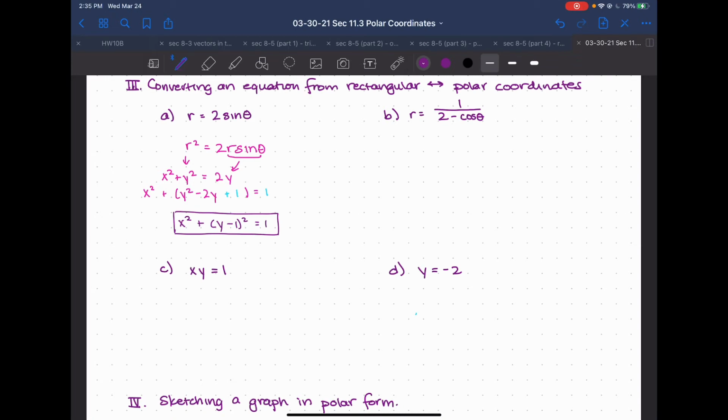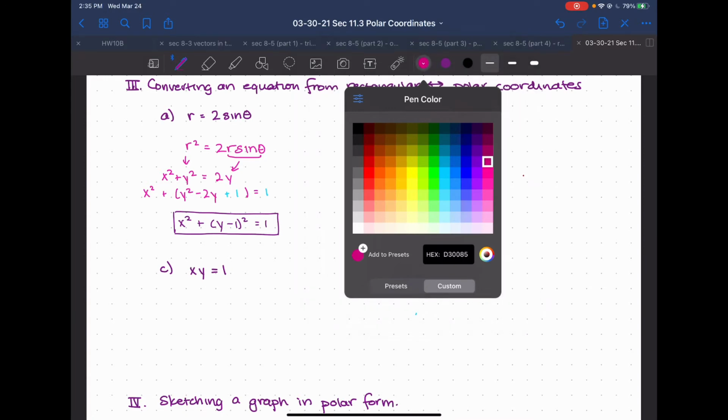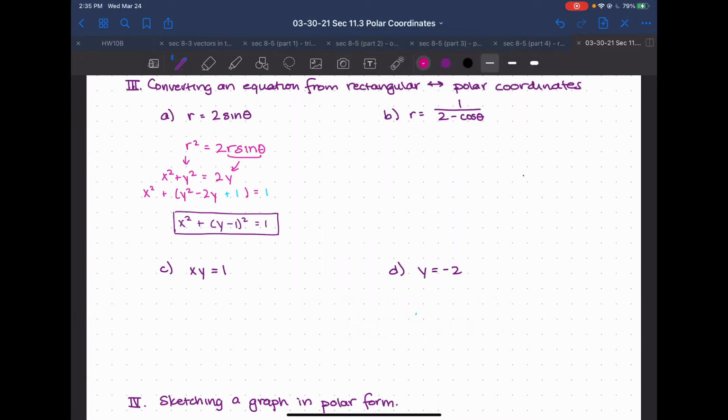So now let's think about b. What would that one be? I'm going to go back and try to get my pink back. All right. I want to do something kind of like this. It won't be exactly the same, but if I multiply both sides by this denominator, it gives me something kind of like it. I'll have r times (2 minus cosine theta) equals 1.